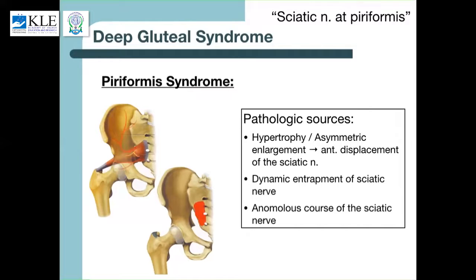Of interest is, as the piriformis muscle moves laterally, it has an association to the posterior capsule of the hip. So any inflammatory-based condition of the capsule of the hip mimics a piriformis syndrome. But what's important to note is this deep gluteal syndrome is not always piriformis syndrome, as it is a subdiagnosis of that condition.